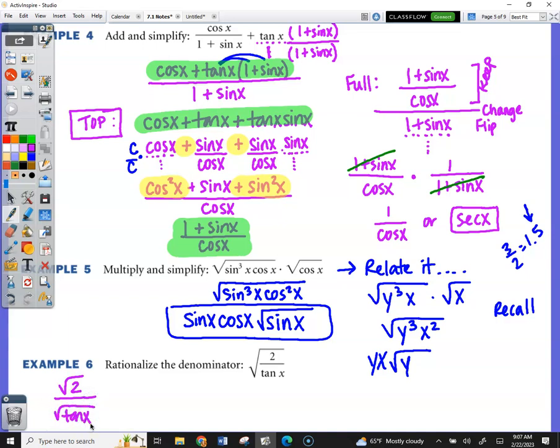Notice you're going to find that I don't say the angle because I don't want x to throw me off. I just say the trig word. You do have to write the angle, but I don't say it in my head because there's already a lot going on here. Okay, so to rationalize this, I'm going to multiply by what? What's the problem? Square root of 10 is the problem.